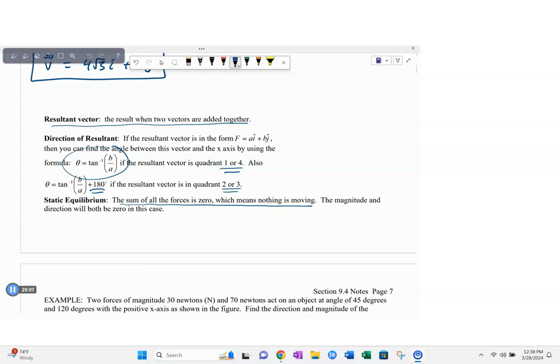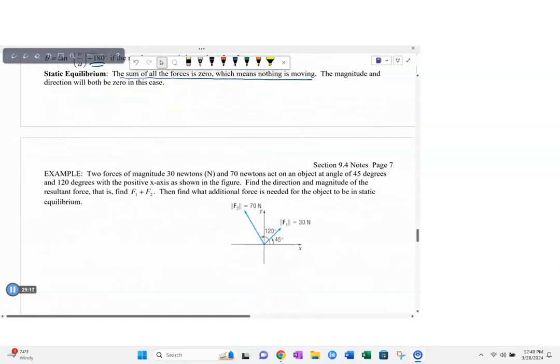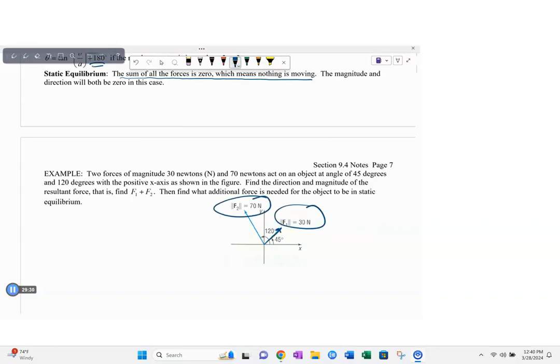So the more force that you have, the longer the arrow or the ray. Here's an example where you've got a force vector. You've got two forces of magnitude. The first one is 30 newtons. Notice the 30 newton one right here has a shorter arrow than the 70 newton one, right? Longer, more magnitude, more force.